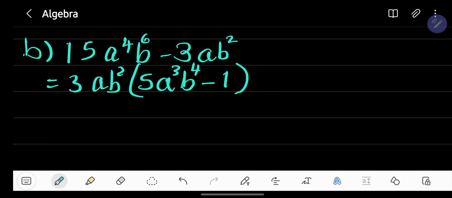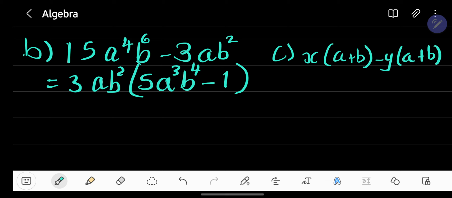Okay, so now let's take something different. You have x into a plus b, close bracket, minus y into a plus b. With this pattern, if you check, a plus b and a plus b is appearing on both terms.